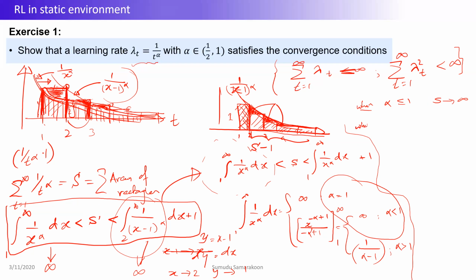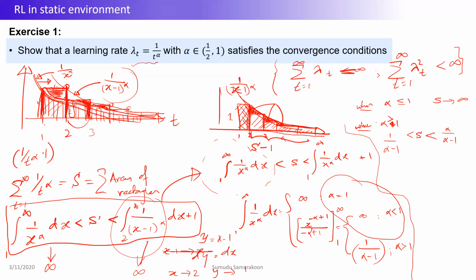Now you can see when alpha is larger than 1, S is bounded by 1 over alpha minus 1, and here 1 plus this term is going to be alpha over alpha minus 1.